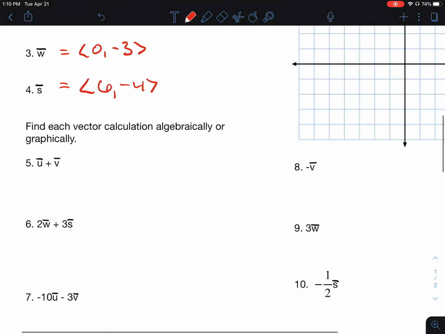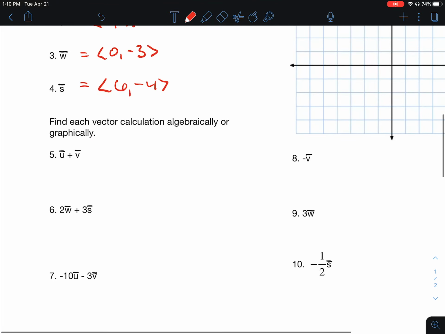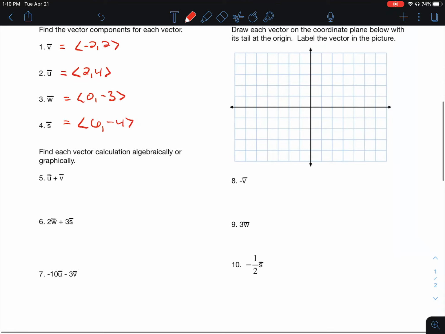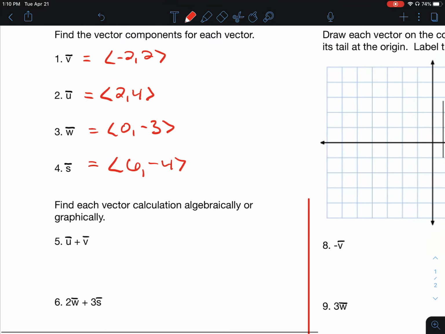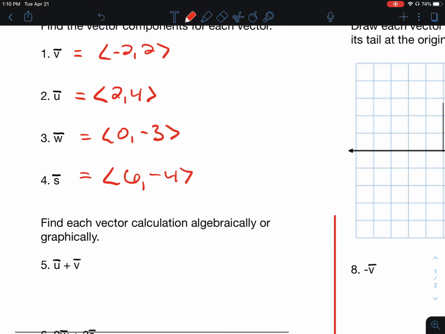Find each vector calculation algebraically or graphically, and that is referring to questions 5, 6, and 7. So let's say I do 5. I'll do 5 graphically, and I'll write down the answer.